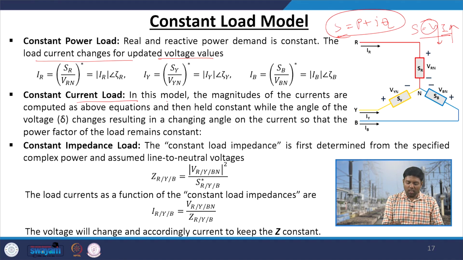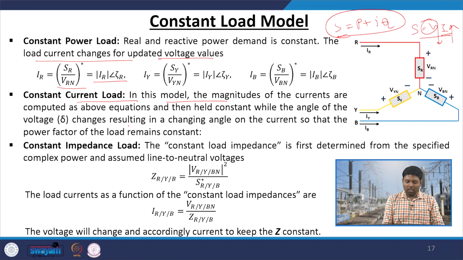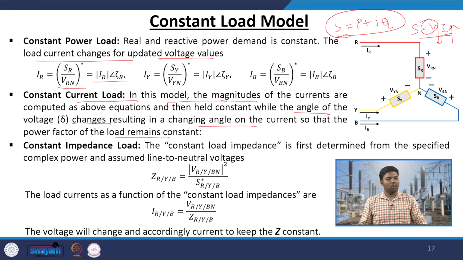For the constant current load, we calculate the current for a rated value of power, and we keep the magnitude of that current constant. Depending upon the voltage angle and magnitude, the current angle may change, to keep the power factor constant for a constant current load.